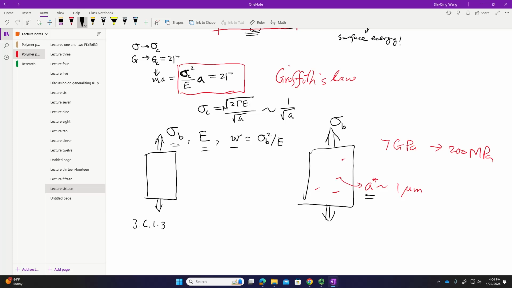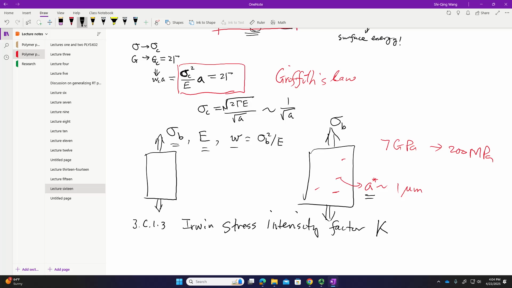So let me now come to the so-called stress intensity factor, K. In fact, I already showed you why we need such a quantity.